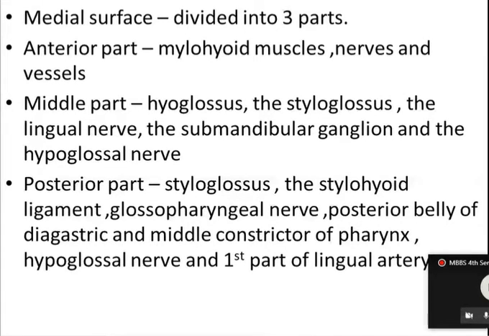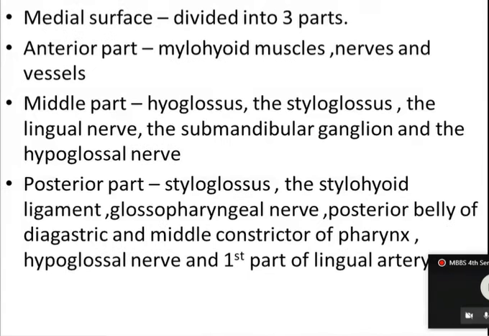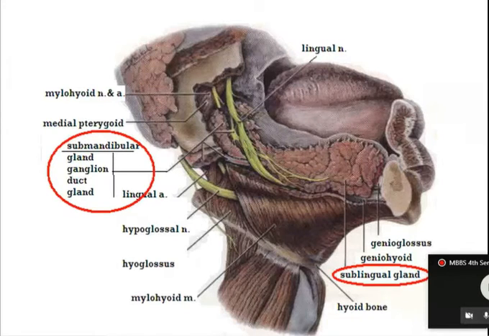The hypoglossal nerve and the first part of the lingual artery are also there. So anterior part and its relation, middle part and its relation, and the posterior part and its relation. So posteriorly it is related with the styloglossus, the stylohyoid ligament, glossopharyngeal nerve, posterior belly of the digastric, and middle constrictor muscles of the pharynx.